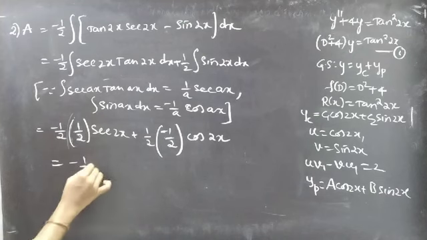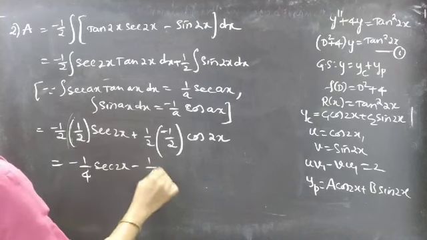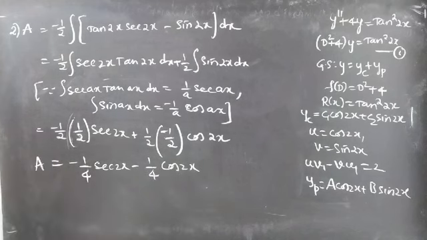This is equals to minus 1 by 4 secant 2x plus into minus 1 by 4 cos 2x. So we got A. We need to find B now.